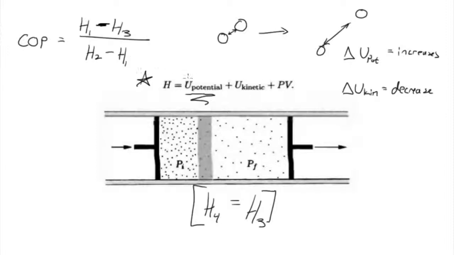I want to make one comment on this diagram. This picture that we see here is actually a thought experiment that the author goes through. And the throttling process does not actually involve a piston. It's just a valve, but the pistons represent that there's a high pressure piston on one side, and then there's some sort of permeable membrane, which is our valve, and a lower pressure on the other side.